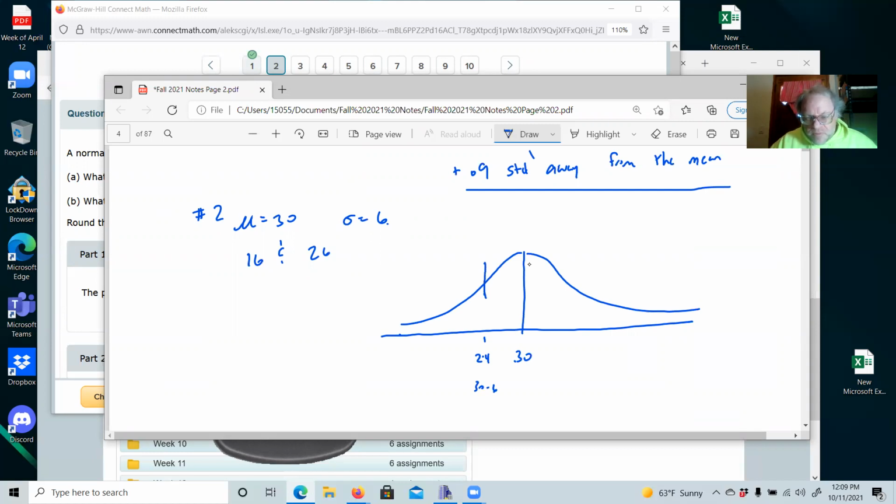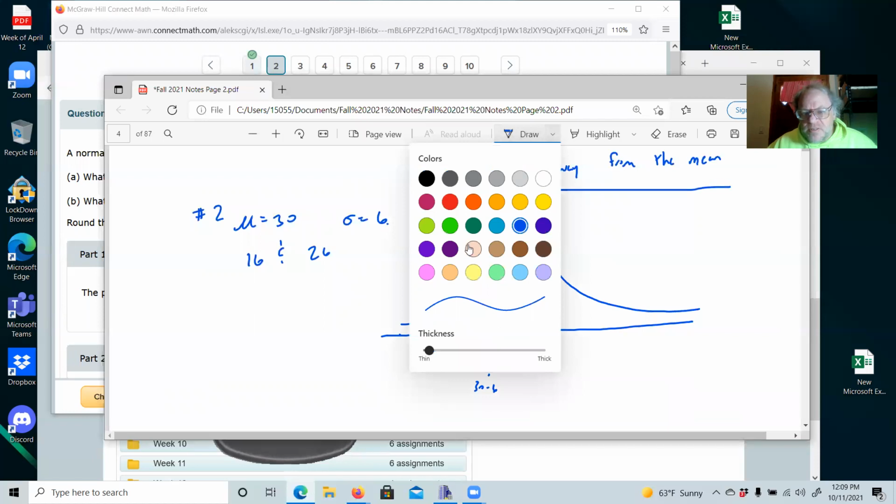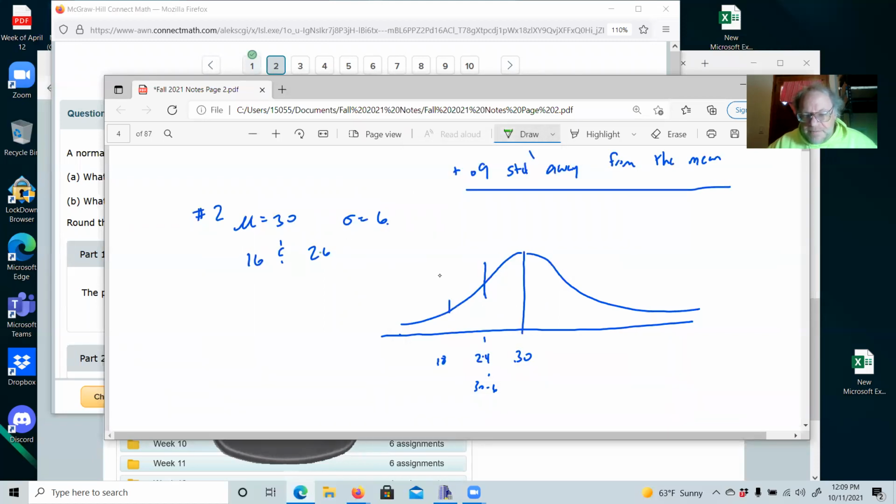Two standard deviations down, subtract another 6, this is going to be 18. You don't have to draw this. Let's just paint a picture of what we're doing here. We're going from about 16, that's going to be here, to 26. So we're running this area in here.